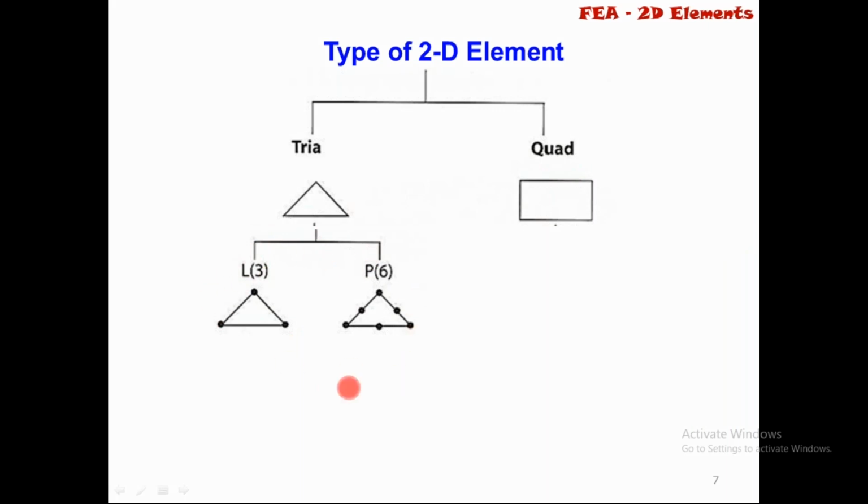What is the difference between these two diagrams? Both are triangular elements. Can you comment? What is the difference between these two diagrams or two types?